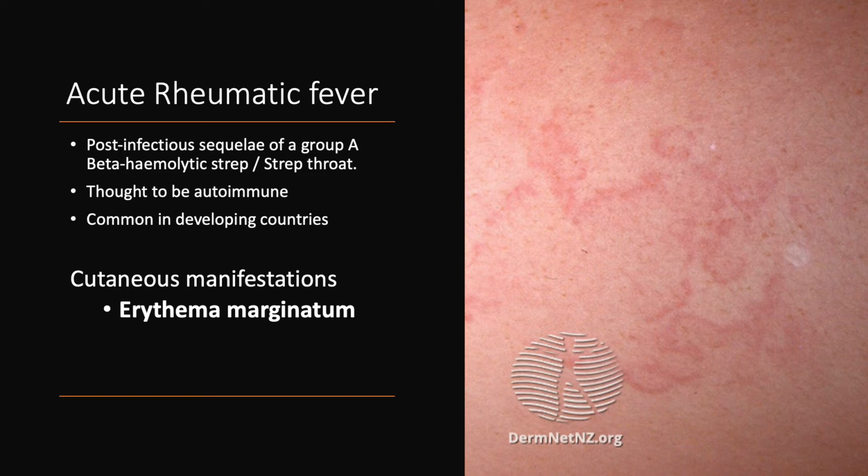For example, if you see an erythematous raised lesion on the trunk or proximal extremities when carrying out a cardiovascular examination, but the rash spares the face, then you'd want to really try to investigate and rule out rheumatic fever.